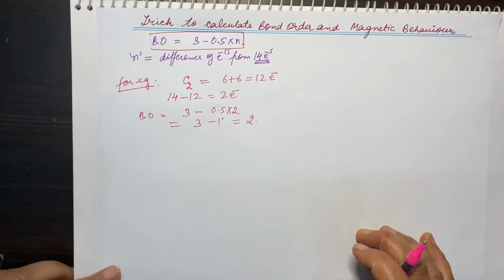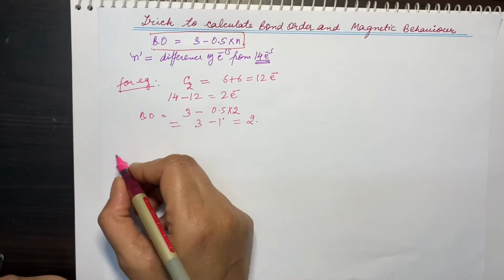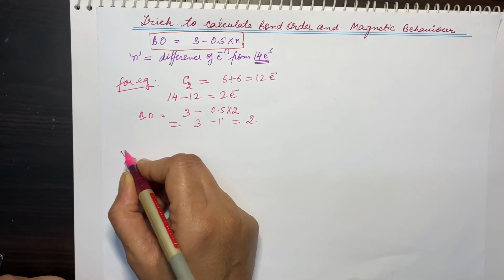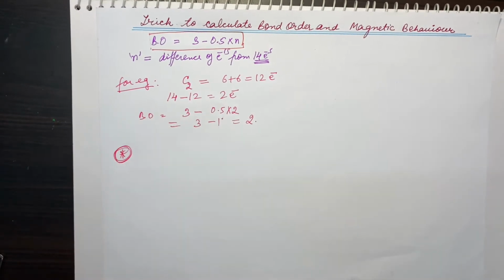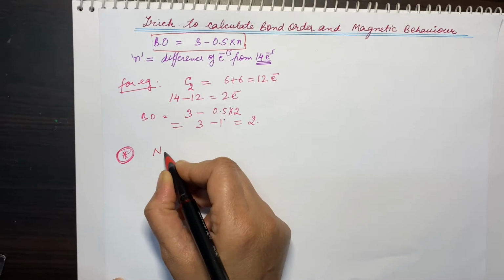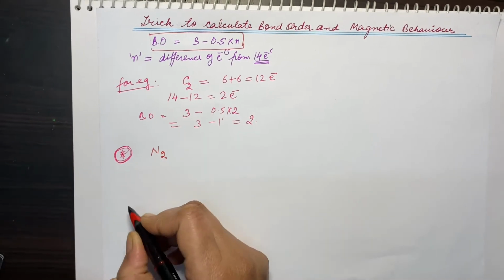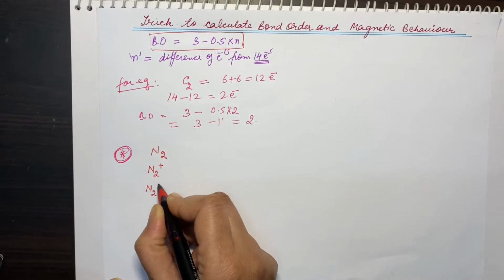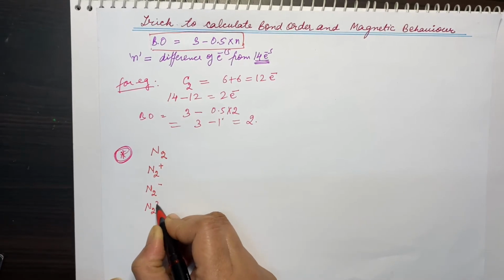Take one more example. We are taking the example for, suppose, N2, N2 plus, N2 minus, N2 2 minus.